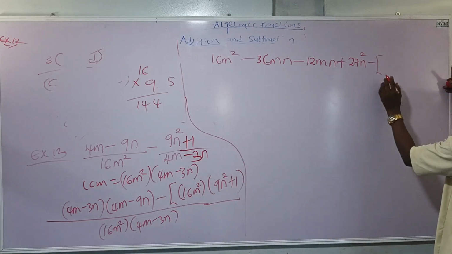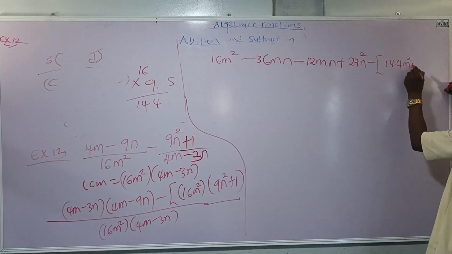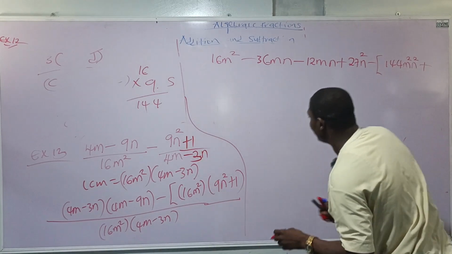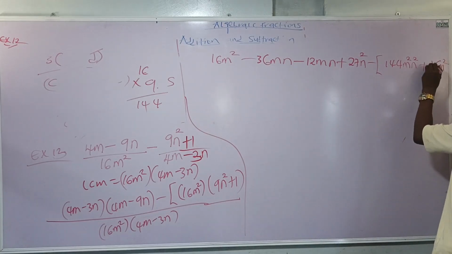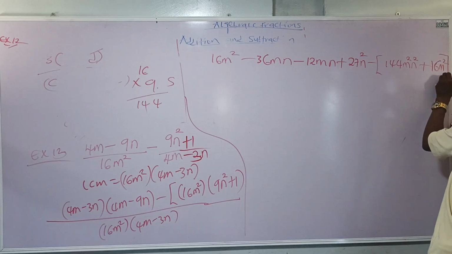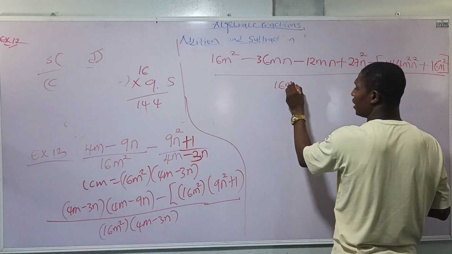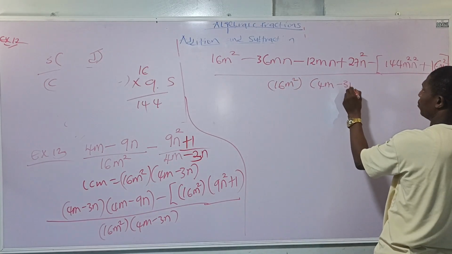So I have 144 m square n square plus 16 m square times 1 will give me what? 16m square. Close brackets, all over my XCM 16m square in brackets 4m minus 3 what? N.